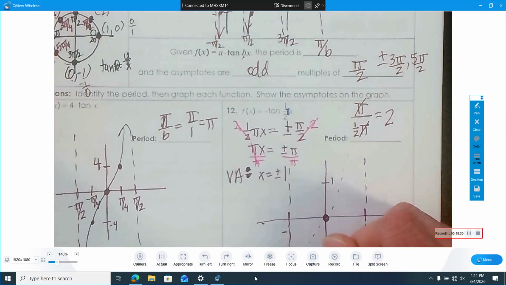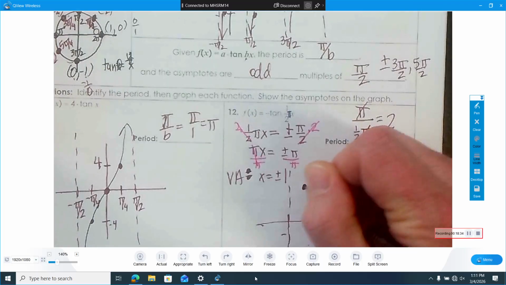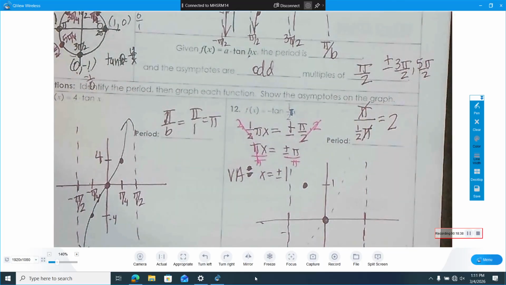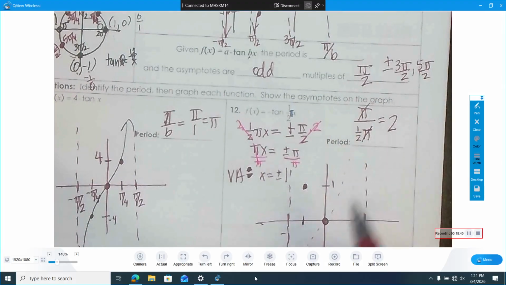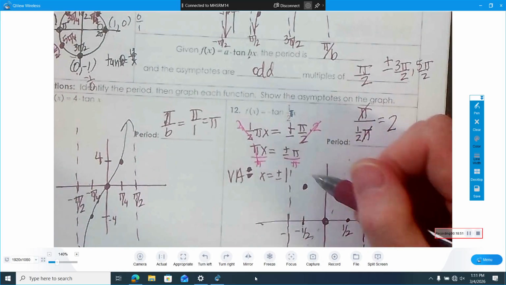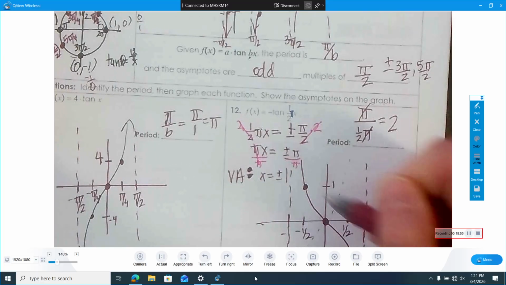So it's going to have a max or a point through 1 and negative 1, but it's going to start up high this time and go low. What is this x coordinate here? Yeah, it's halfway between negative 1 and 0, so negative 1/2. And right here, again, halfway between 0 and 1 is 1/2. So now it's high to low. We're going downhill on this function.